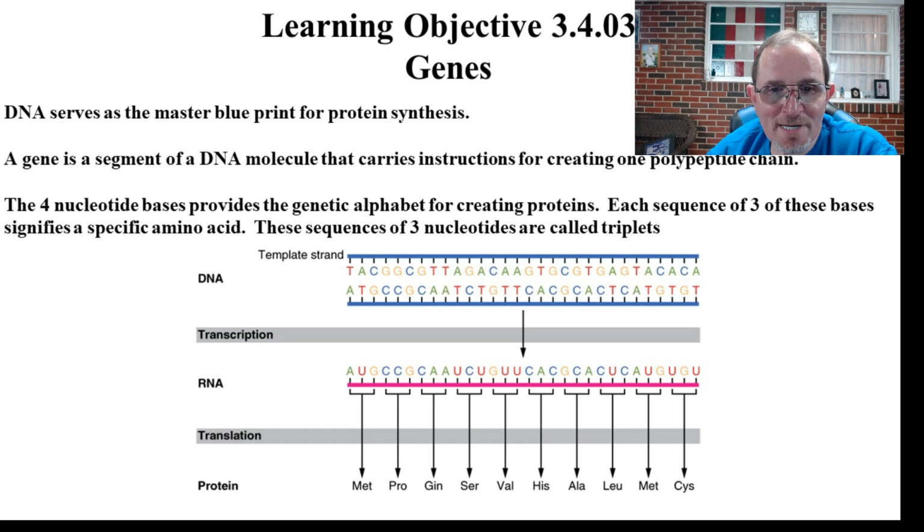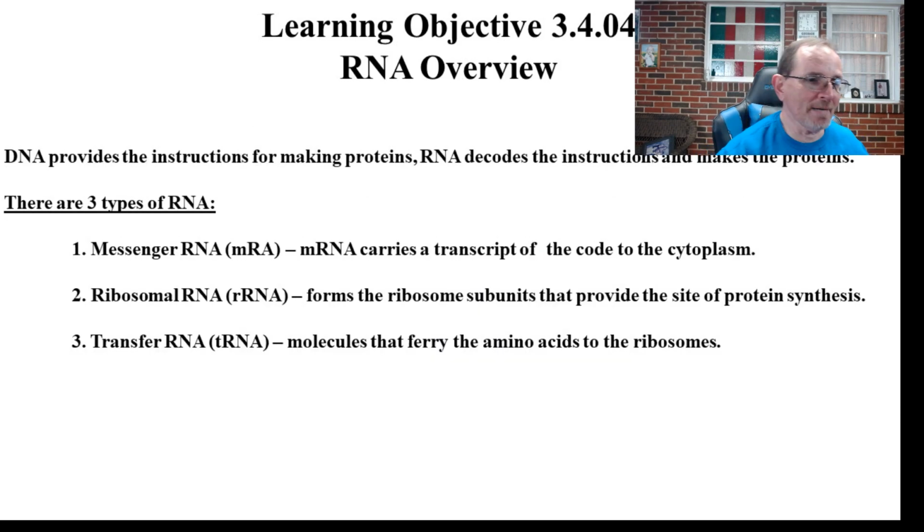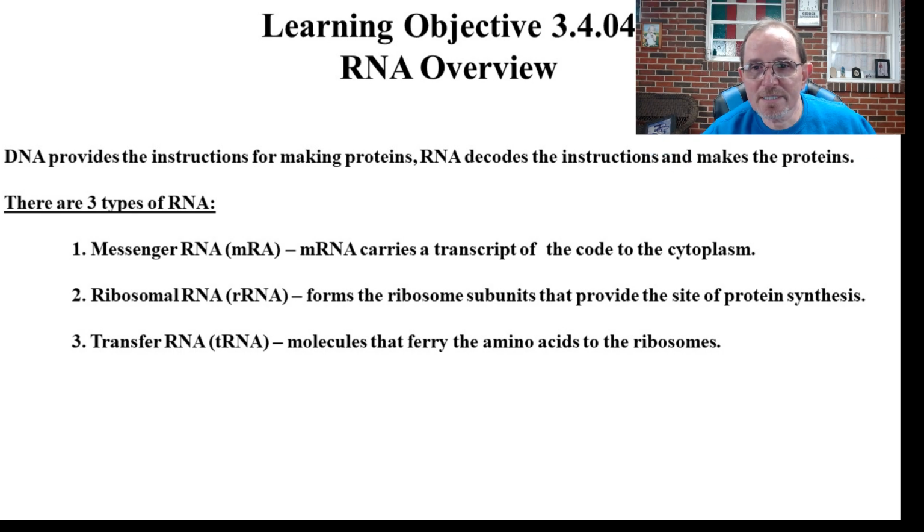And then it reads it 3 at a time. And I'll show you how and why and all that good stuff in just a minute, guys. But you can see it goes all the way through and it comes up with all this sequence of amino acids, which are so critical, okay? A lot of diseases are from having bad sequences in there.